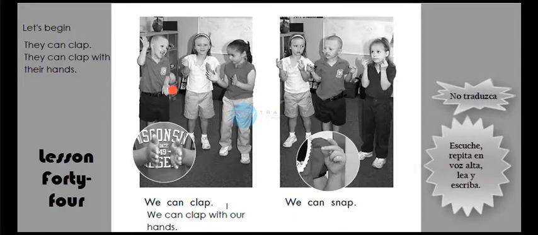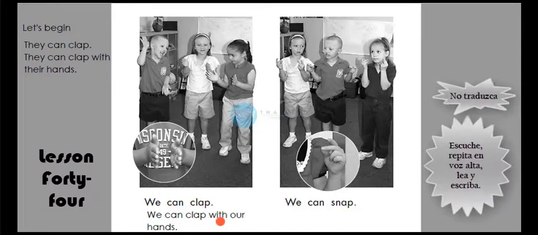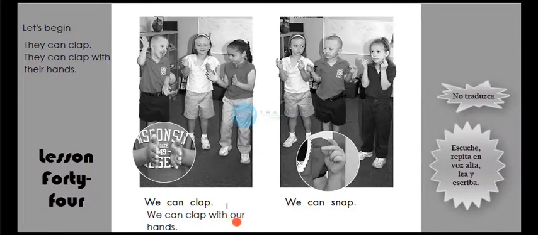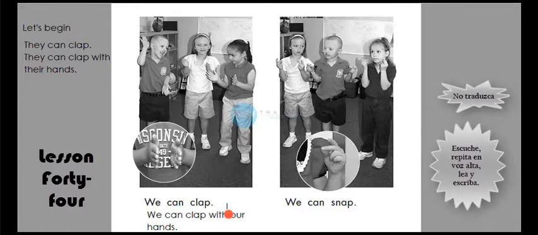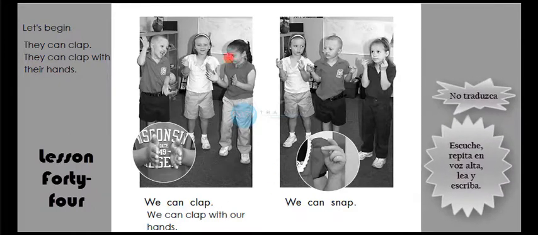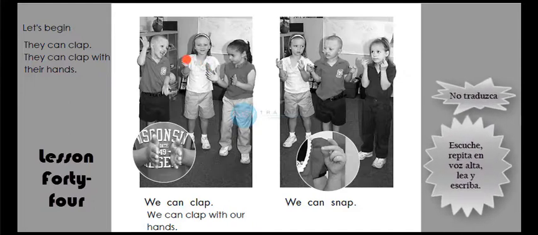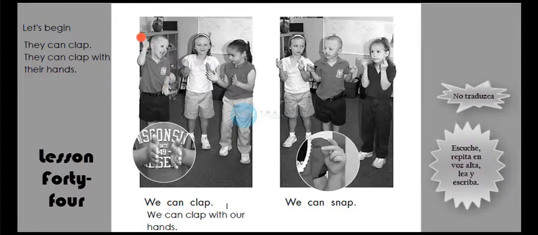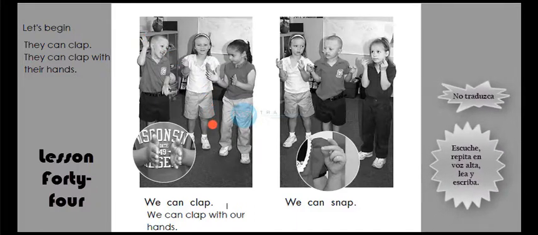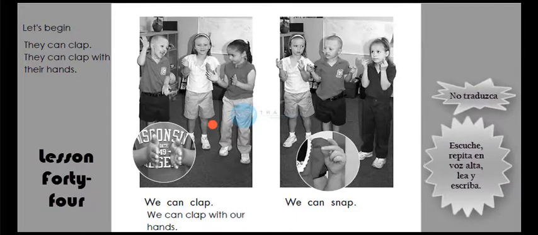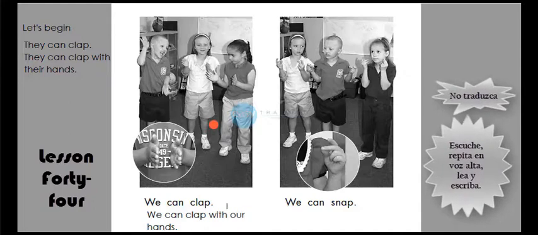Y digo, we can clap with, la palabra para usar el instrumento con que se clap, y the possessive word, our. Yo estoy dentro de ese grupo. Hands, one hand, two hands. The part of the body that is used for clapping is their hands. Y si yo estoy en el grupo, our hands. Is that right? Let's keep going.